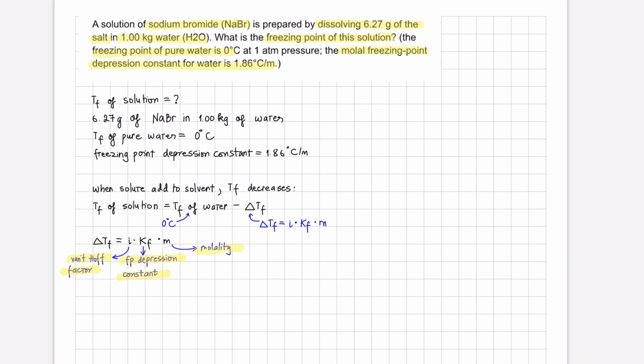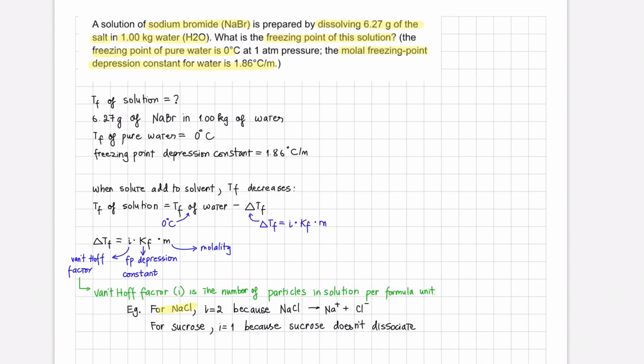Now let's talk about what the van 't Hoff factor is. The van 't Hoff factor i is the number of particles in solution per formula unit. For example, for NaCl, the van 't Hoff factor is 2 because NaCl dissociates into 2 particles, Na+ and Cl− ions. That's 2 particles in solution per 1 formula unit of NaCl. Another example is sucrose.